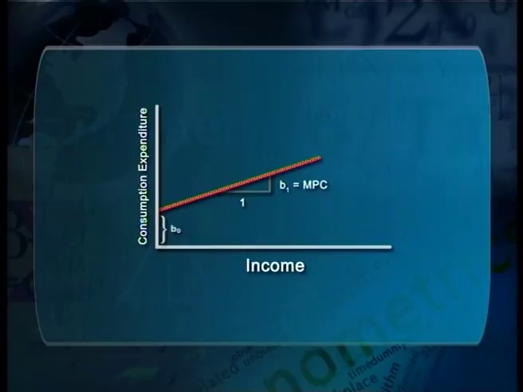This b0 is the intercept coefficient and b1 is the marginal propensity to consume, that is MPC. If income increases by 1 unit, where 1 unit may be 1000 rupees or 10,000 rupees or 100 rupees, how many units will consumption increase? So, consumption is linearly related to income.